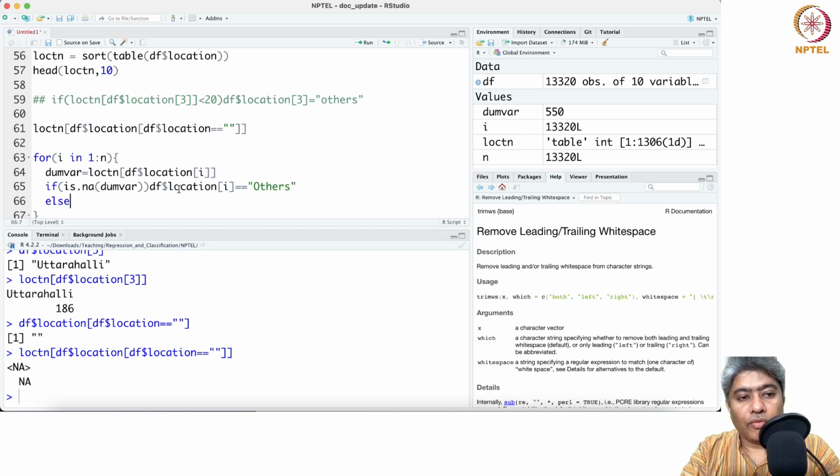Else if the dummy variable is less than 20, that means the number of instances in the entire data set for that particular location is less than 20, then also you put it others.